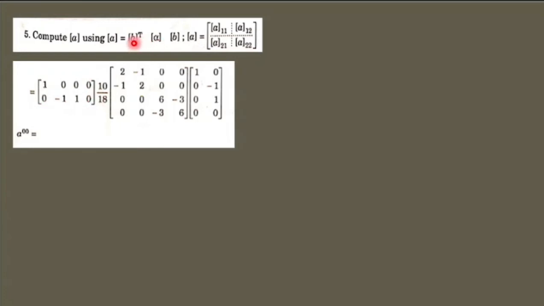So this is B naught transpose and this is the alpha matrix 10 by 18, 2 minus 1, 2, rest of the things are 0, 6 minus 3, 6, and B naught. What is B naught? 1 0 0 0 0 minus 1 plus 1 0. Now you have to multiply all the components and find A naught naught.